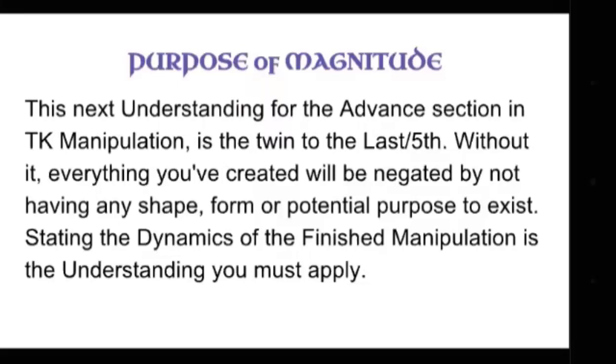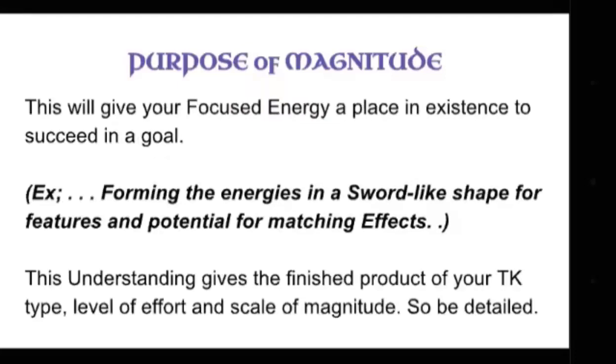Stating the dynamics of the finished manipulation is the understanding you must apply. So pretty much stating a structure, a type of purpose, or a type of reason on why you gathered this energy in a certain way. This will give your focused energy a place in existence to succeed in a goal.